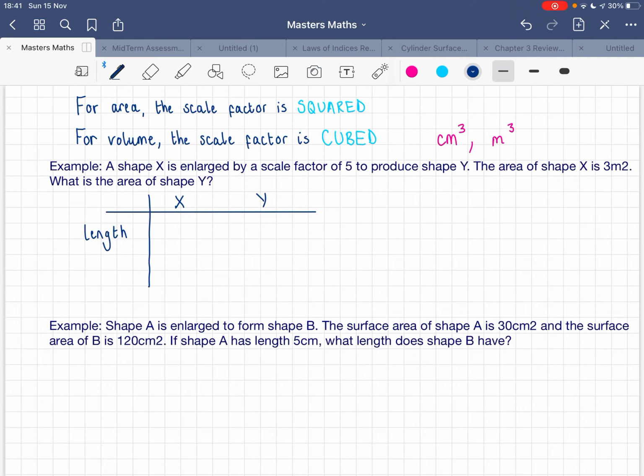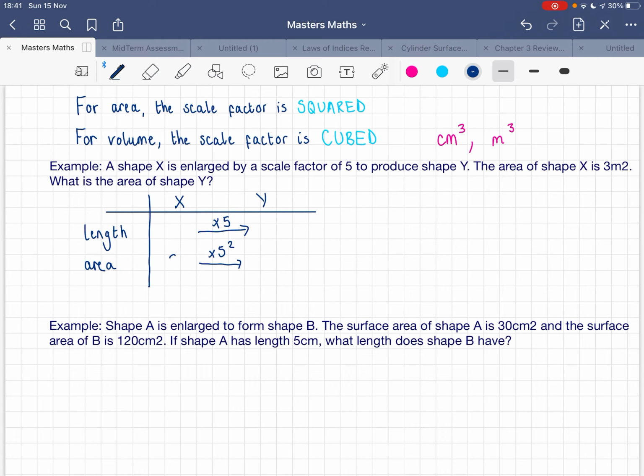For the length, we multiply by the scale factor, which is 5. We don't know the length, though. For area, we are going to multiply by 5 squared.